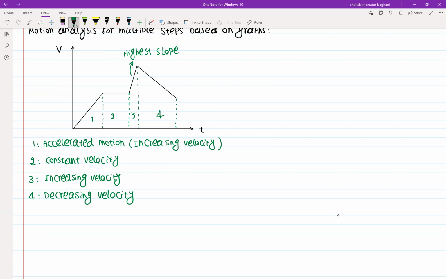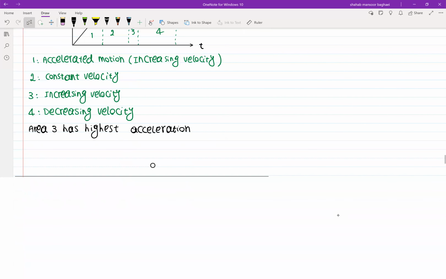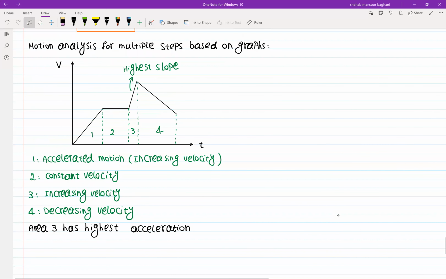Therefore, area number 3 has the highest acceleration. And you can analyze every step.